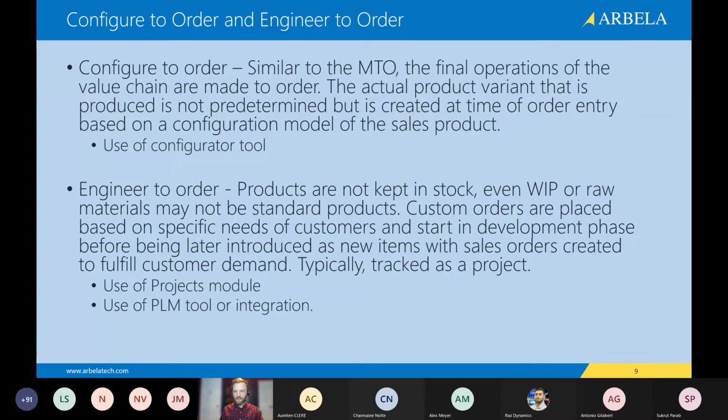If you think of things like retail, we have t-shirts that can be sold in multiple sizes, multiple colors, multiple patterns, etc. Those aren't necessarily going through engineering, but when it comes to placing orders for those, we do need to configure that finished good, where the final operations of the value chain are made to order. Maybe our customer service or the user or buyer themselves are actually configuring the product to say what they want.